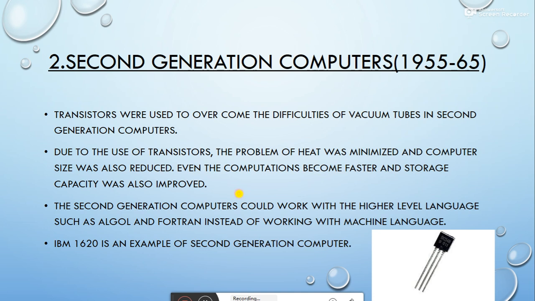As I have discussed in the previous slide, because of vacuum tubes the heat problem carried on in the computer, and the computer was of very huge size, and even the computation was very slow in first generation.